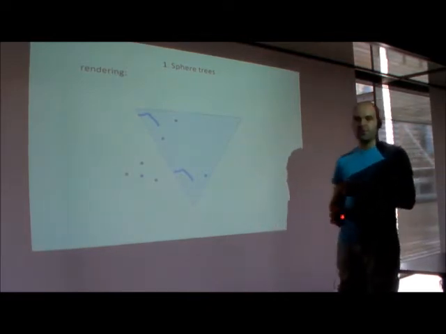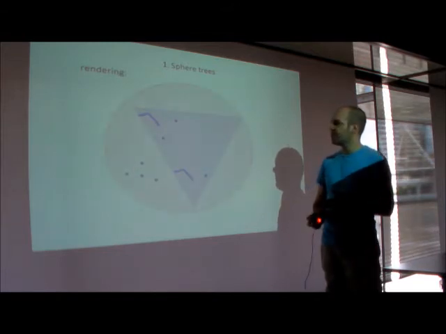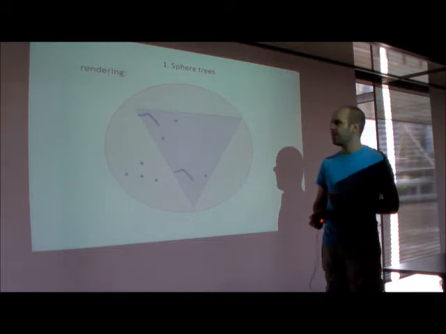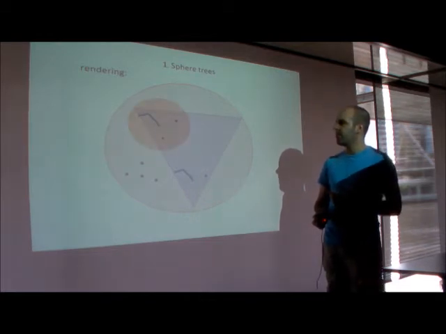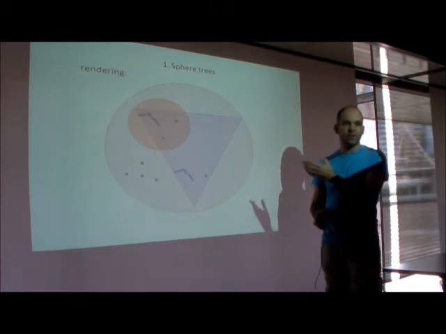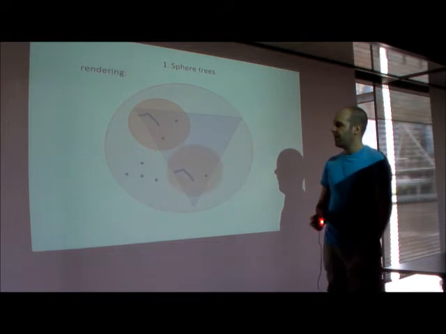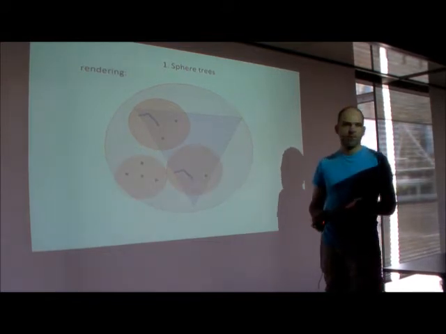You start with whatever the root of the sphere tree is, so you've got a big sphere here, and you look through each of the children in turn. So this might be a child, and this is a valid child to continue to iterate down on because it's inside the view frustum. And same with this one, but not the third child.